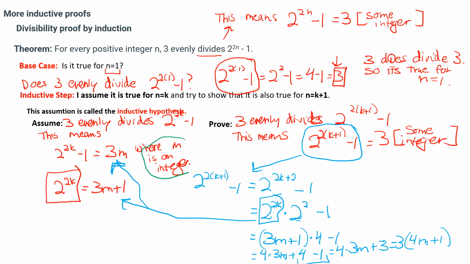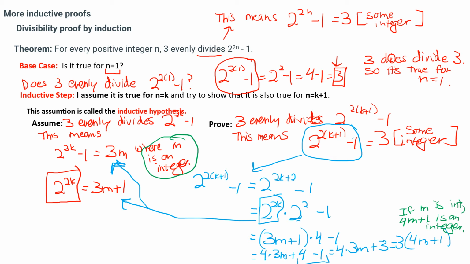Okay? Now, if m is an integer, and that's what we said over here, that m is an integer, then 4m plus 1 is an integer. So we've proven what we needed to prove, that this expression 2 to the 2 times k plus 1 minus 1 can be written as a multiple of 3, 3 times 4m plus 1.